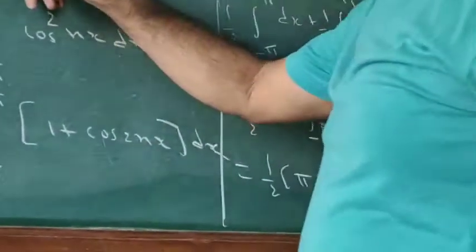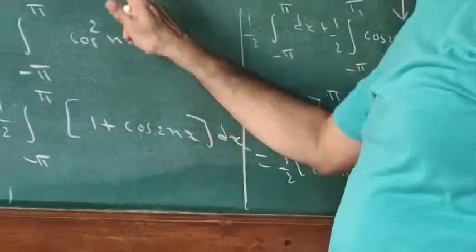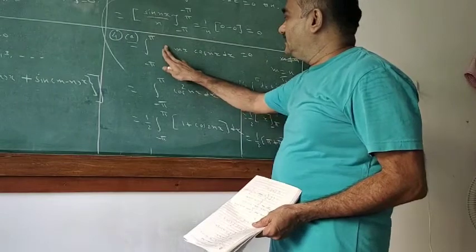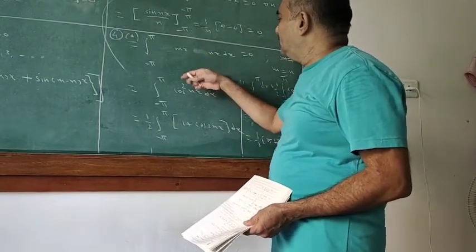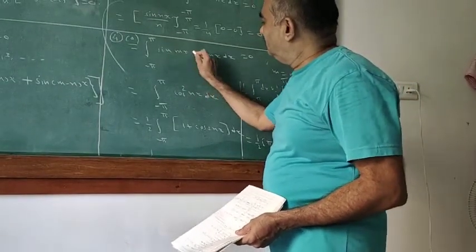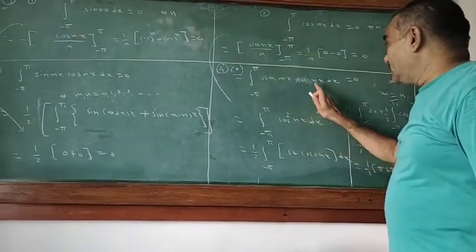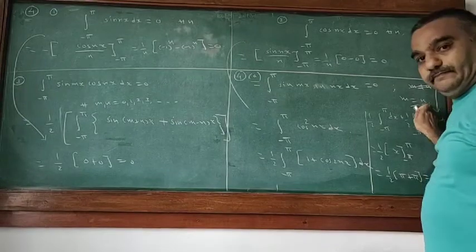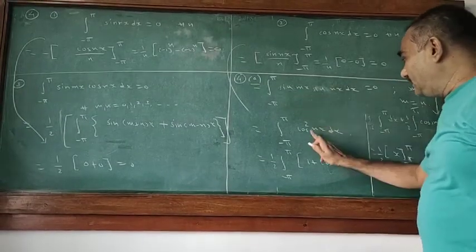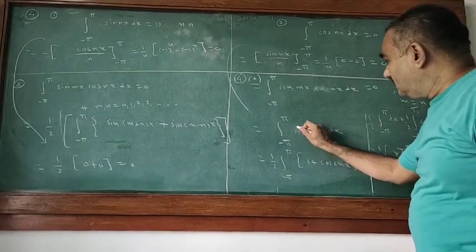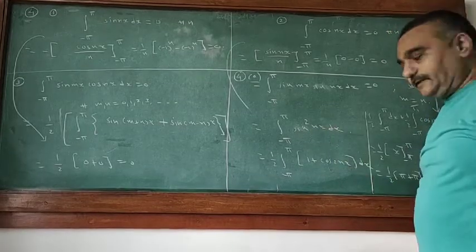So instead of cos, if there is sine, and M and N are the same, at that time we have sine square nx.